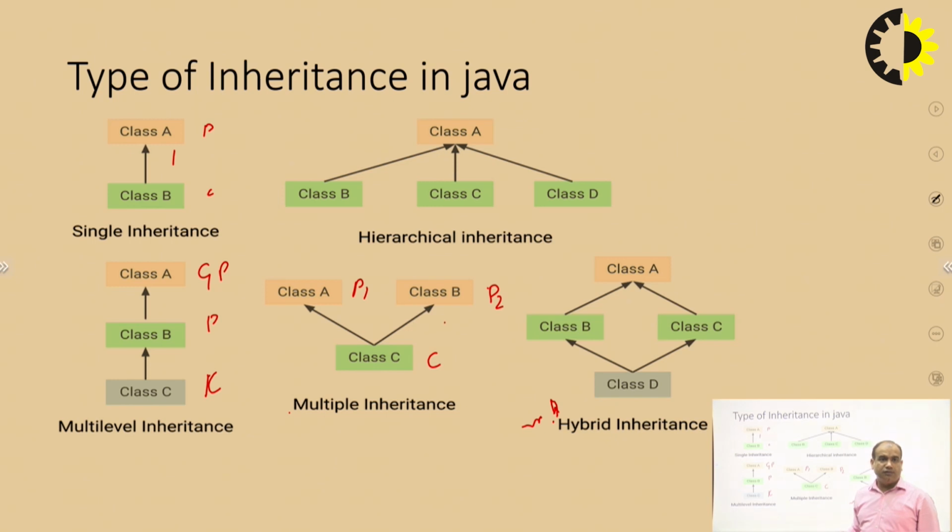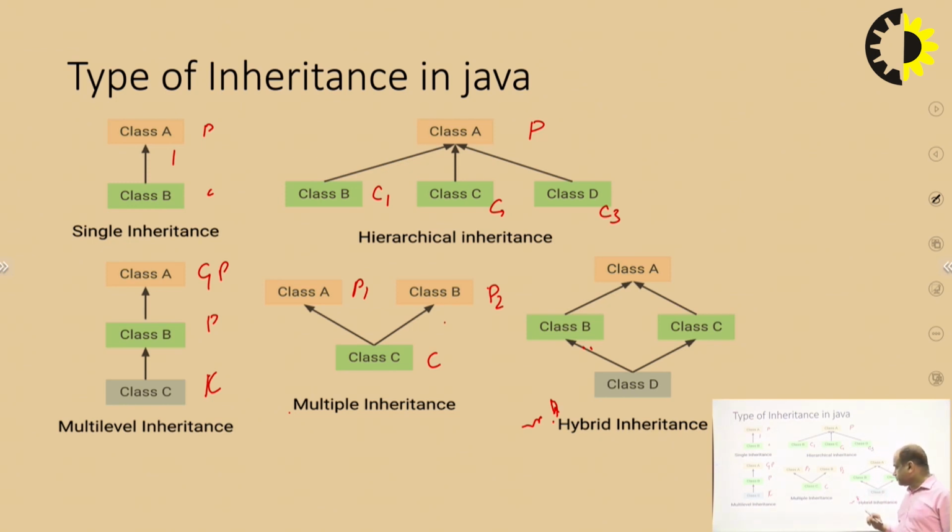You see here, this one is hierarchical: one parent to a number of children, child 1, child 2, child 3 and so on. Here, two parents, more than one parent and one child class.